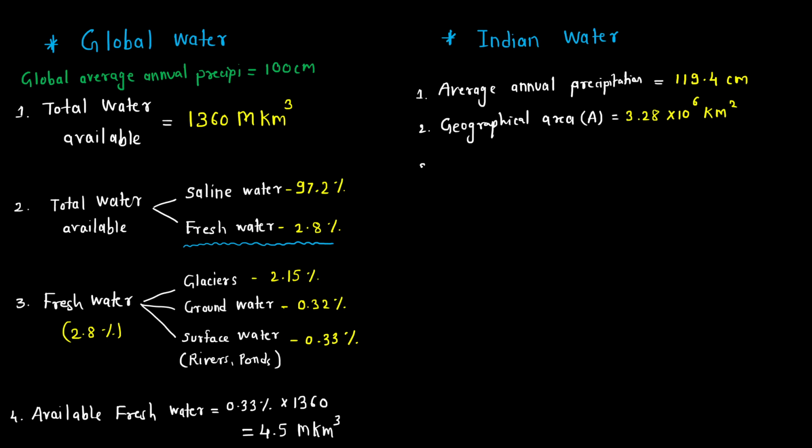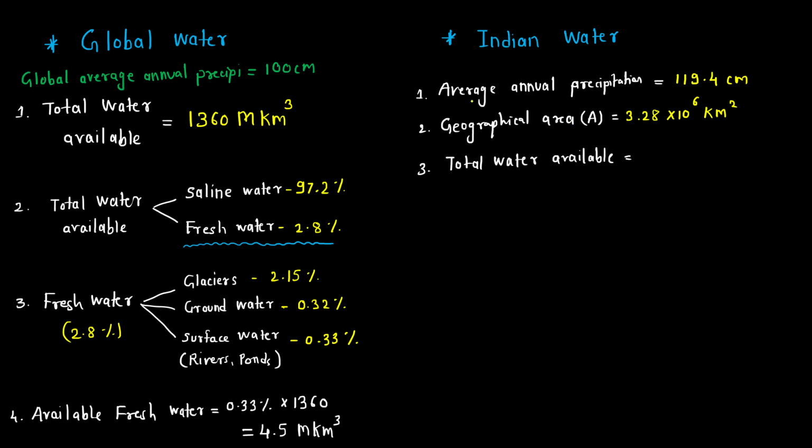Now if we want to find out the volume of water, or we can say total water available, we can just calculate it by multiplying the precipitation and the geographical area.